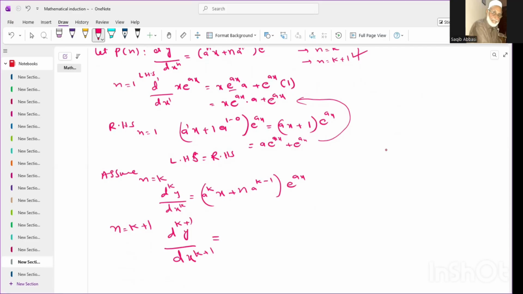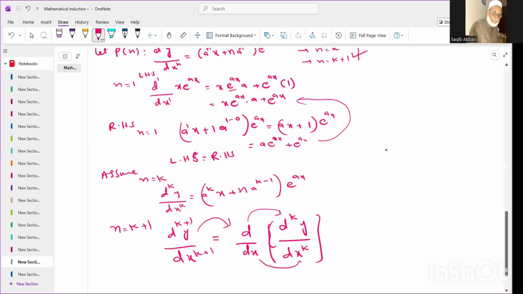Now how do we deal with this one, how to write it? Could we write it as d over dx of d^k y over dx^k? Because by using the indices rule, if the similar thing is added, it will be k plus 1, and also the dx are multiplied with each other, so it's k plus 1.